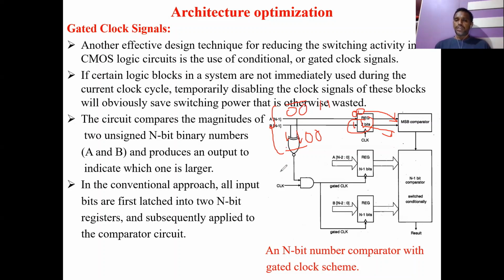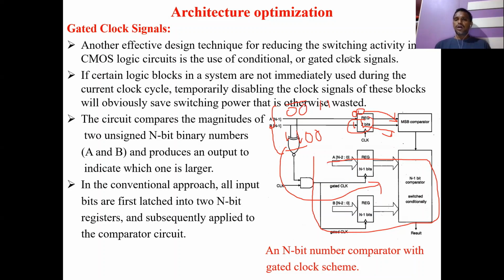Without going to the lower bits, the decision is already taken with this clock, because the MSB comparator compares the MSB bits and decides which one is greater. At that point there is no need to apply the clock signal to operate the rest of the circuit.